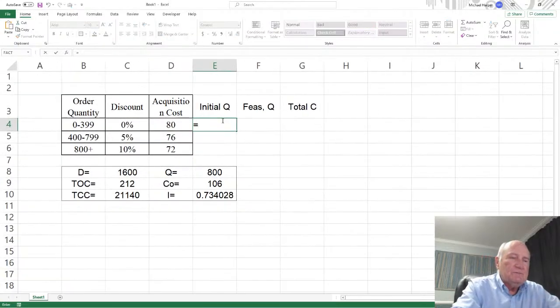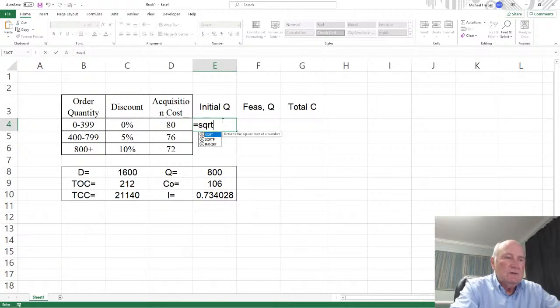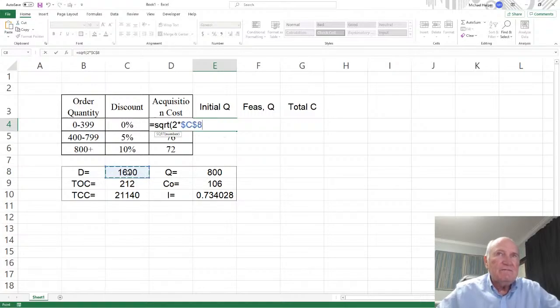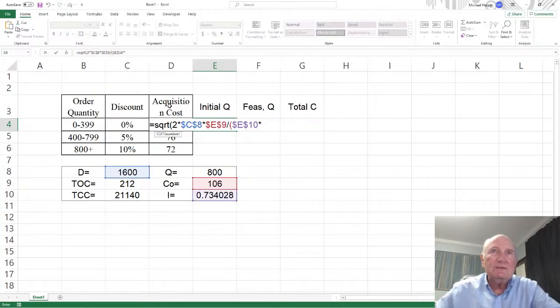This is equal to the square root of 2 times my demand, times my ordering cost, which is this, divided by my I times C. That's going to be this I. Well, the C is over here, and that's going to change, right?